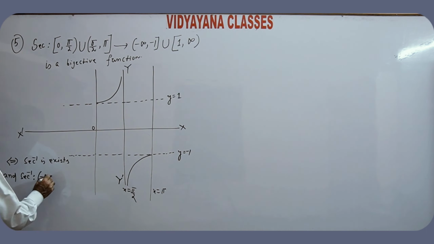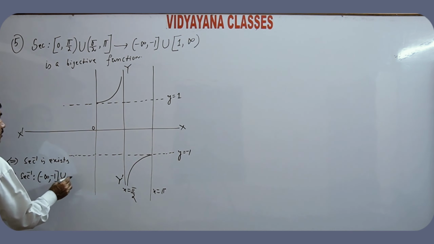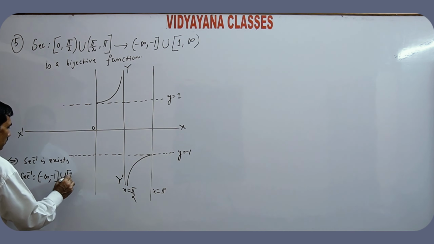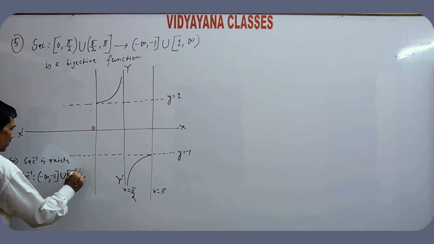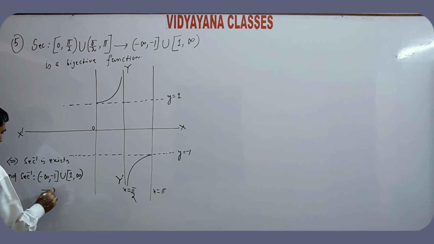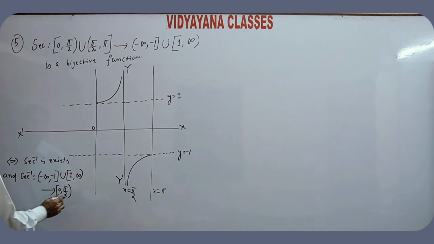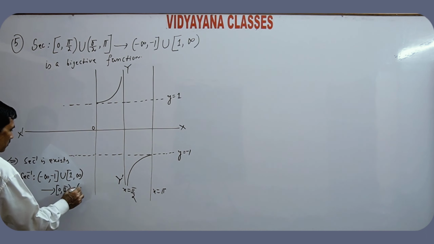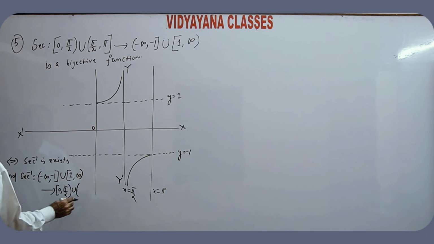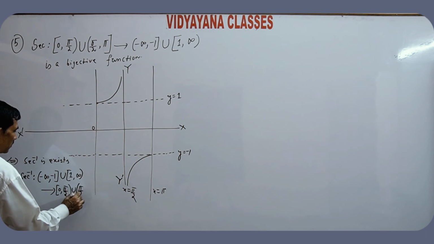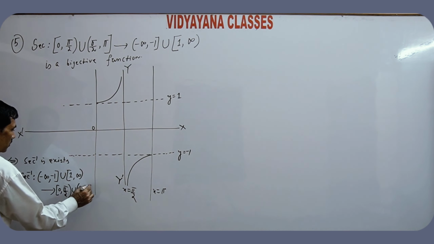Minus infinity to minus 1, close bracket, union, close bracket 1 to infinity, open bracket, 2, close bracket, 0, pi by 2, open bracket, union, pi by 2, pi, close bracket.